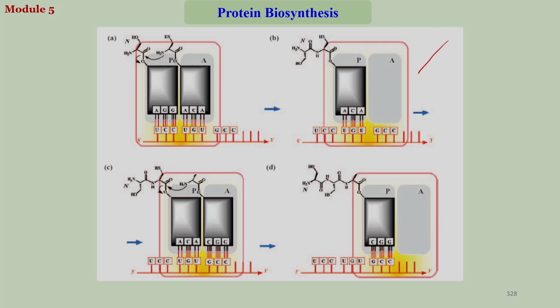The new tRNA will come here, take the space of the A site, and push the A site to P and the P site to the exit site, and that is how the sequence of events will take place. During the same time, the mRNA has to pull itself to bring the next codon into the cavity or into the platform of the ribosome.